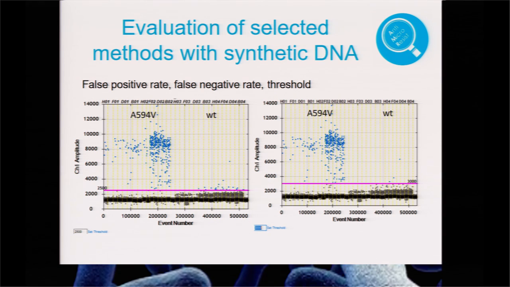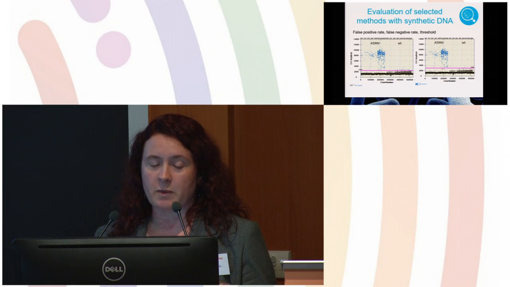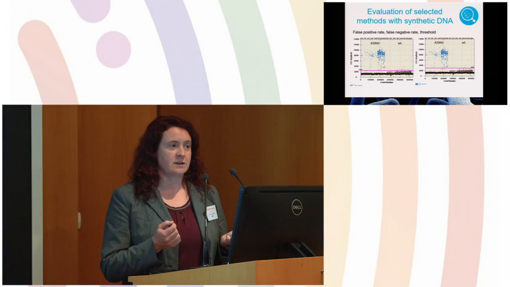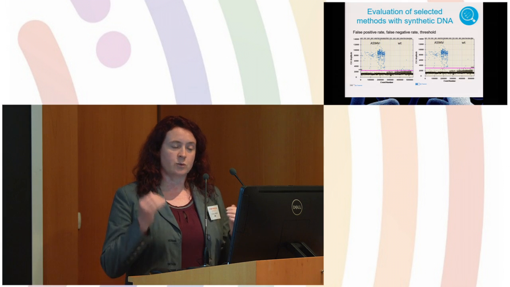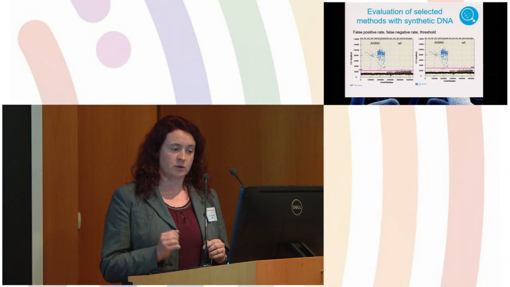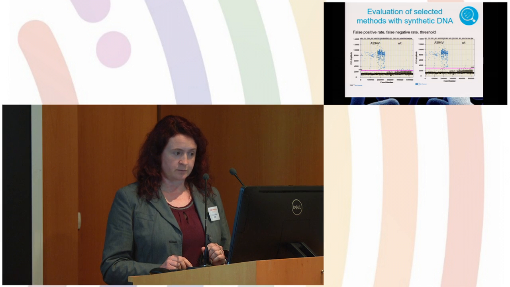And then if we increase this threshold too much to avoid all the false positives, we can lose too many true positives. So this is something that we have to work on and to decide which is the most appropriate threshold to have the best results.